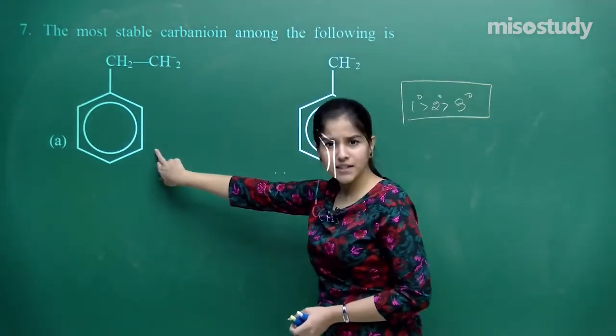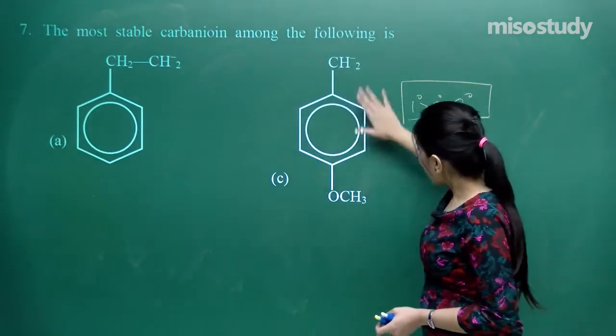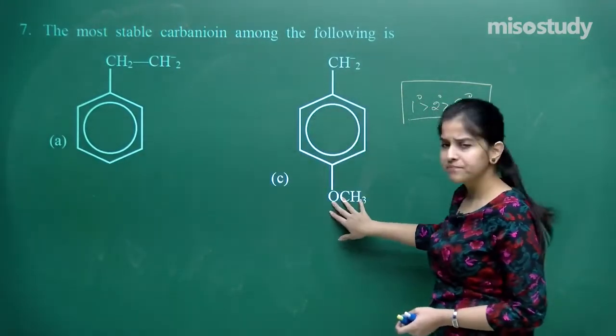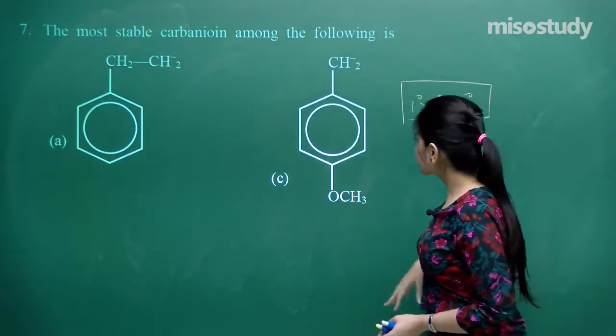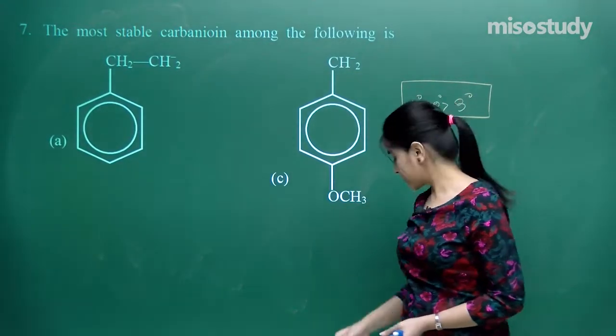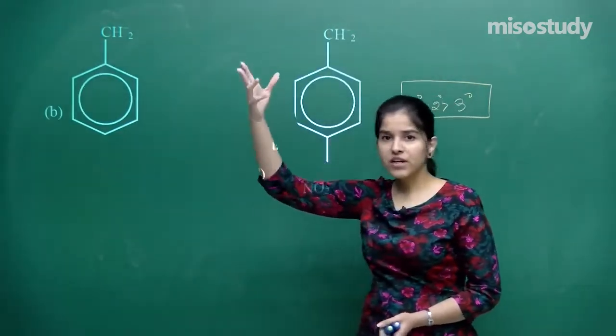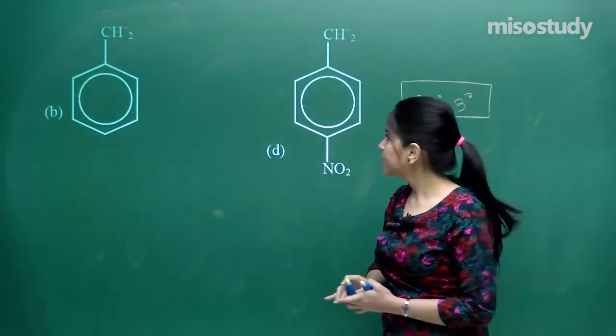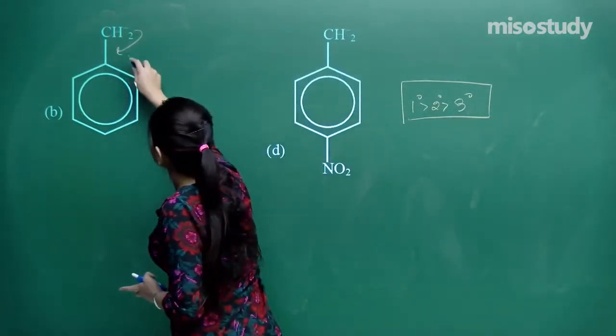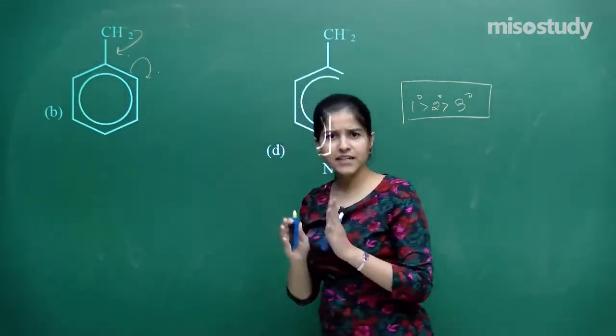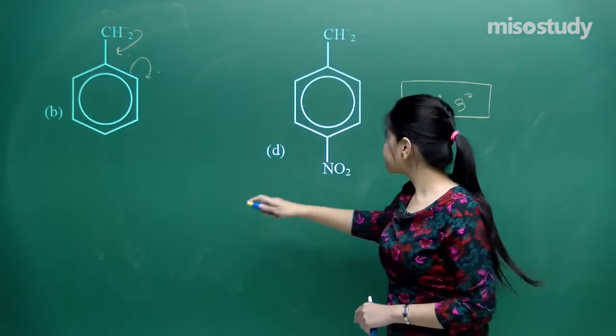Here, do you see a dispersal? No. Over here, do you see a dispersal? I don't think so. OCH3 is not actually attracting. Now here again no such kind of a dispersal, only these electrons will be involved in the resonance, that is some kind of a dispersal.